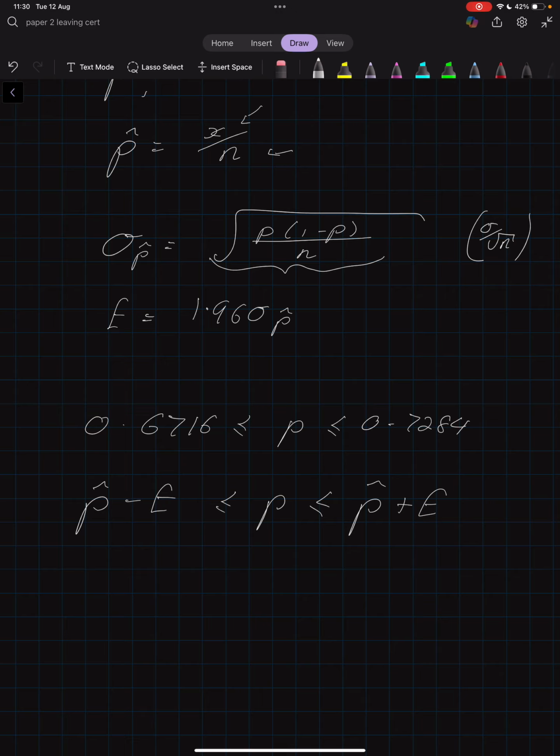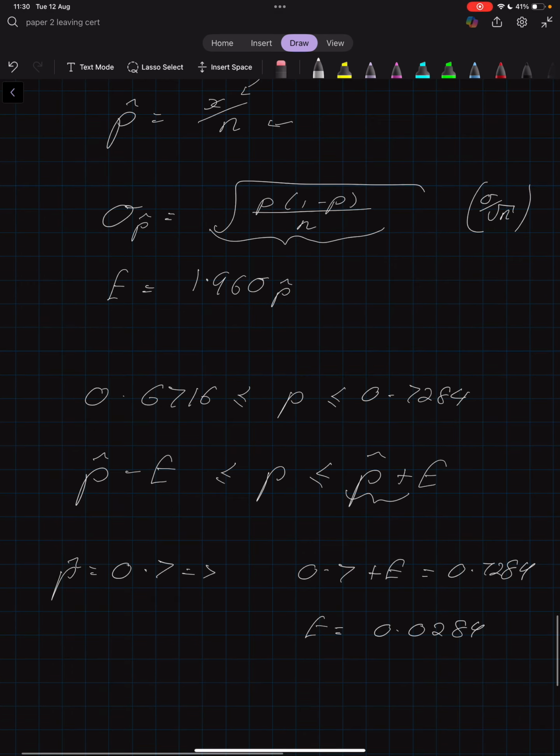Okay? So remember, p hat is equal to 0.7. So I can just work with this one and say, well, I know that 0.7 plus e is equal to 0.7284. So e is going to be 0.0284.